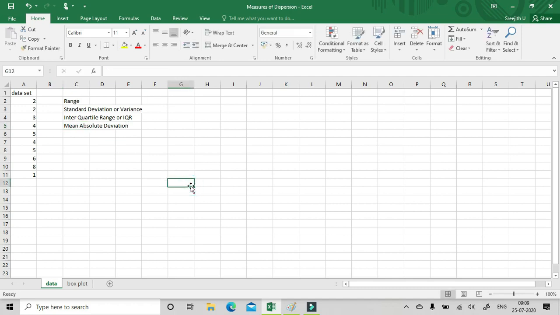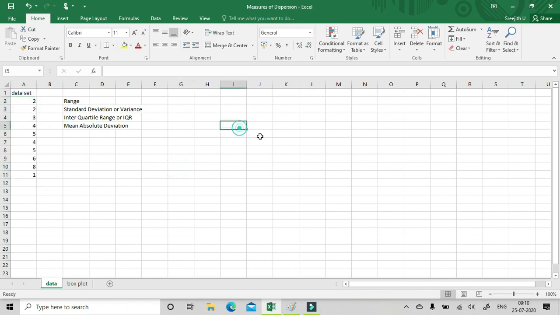Okay, so now let's look at the data set. So we have the original data set 2 2 3 4 5 4 5 6 8 1. It's always a good practice to arrange data in an ascending order. There are 10 numbers in this.